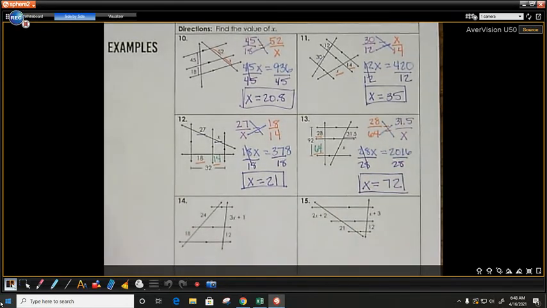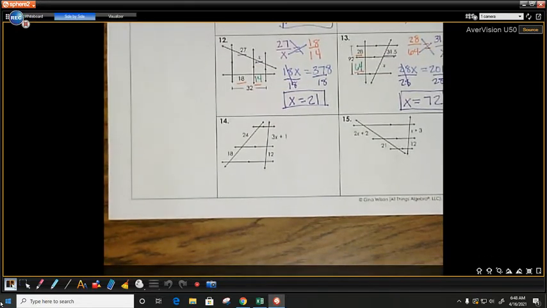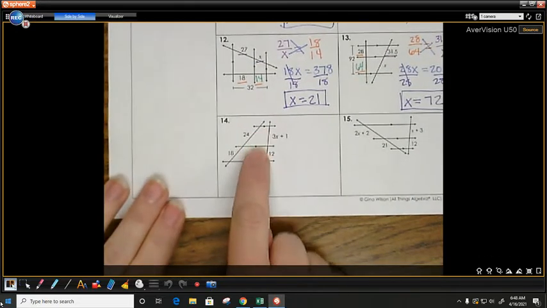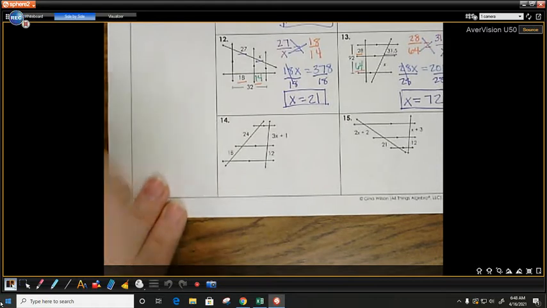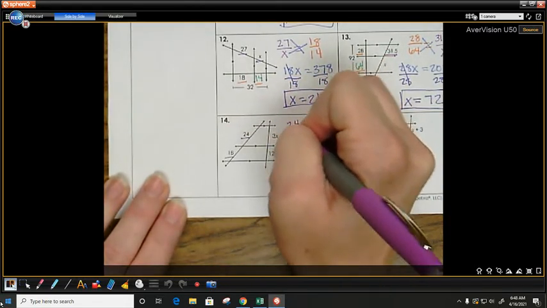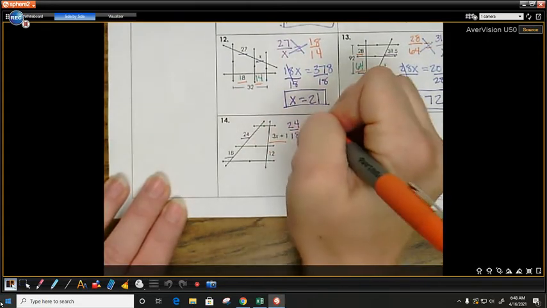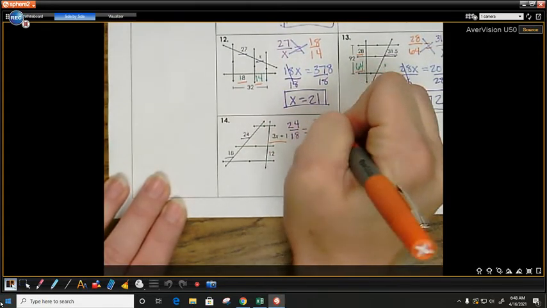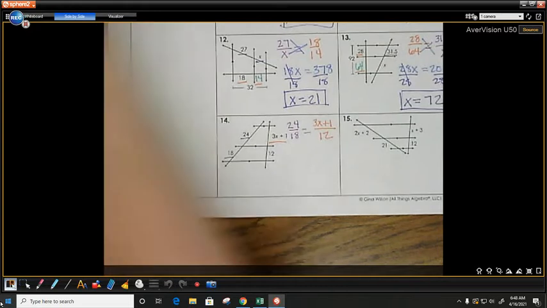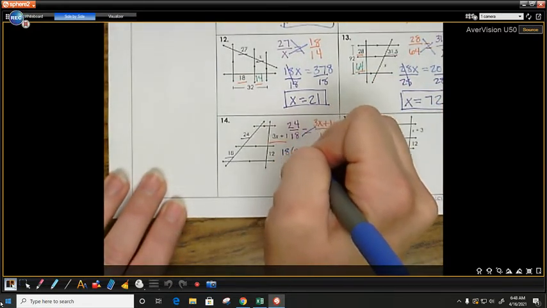Okay, we have two more. Okay, all my sides are labeled, so we are good. All three of my lines are parallel to each other. So I'm going to do 24 over 18 is equal to 3x plus 1 over 12. So then we're going to cross multiply. Again, when you have multiple terms, make sure that you put the 3x plus 1 in parentheses.